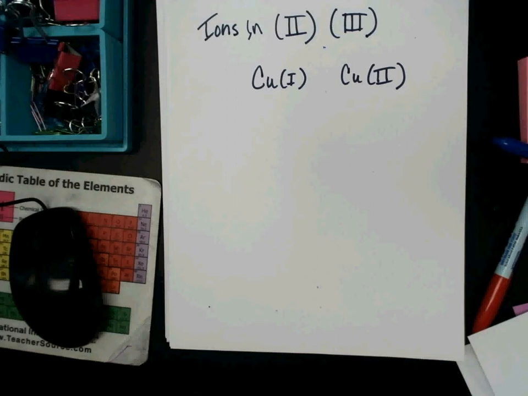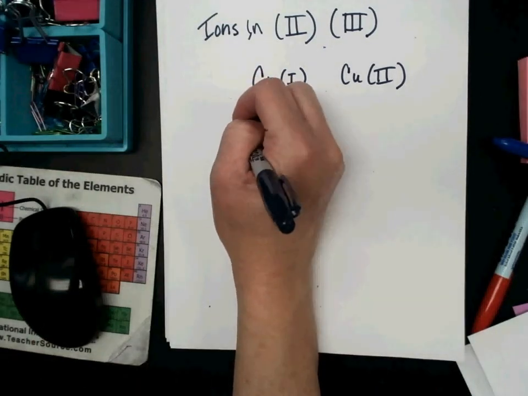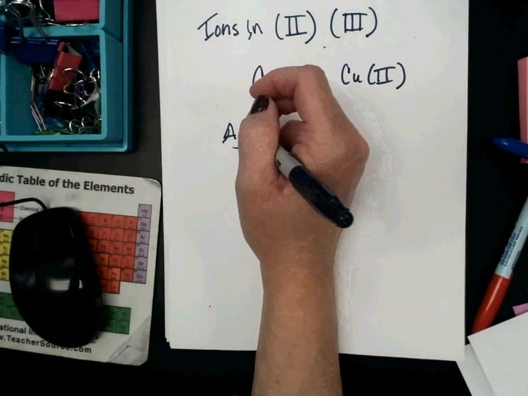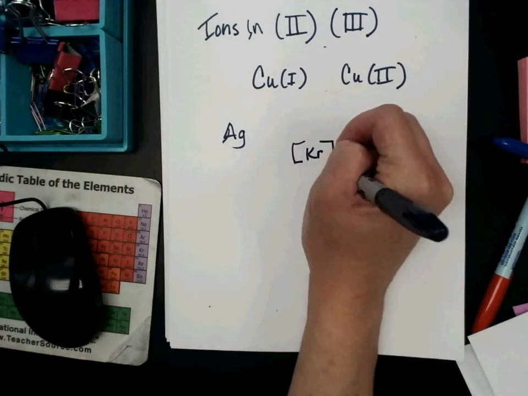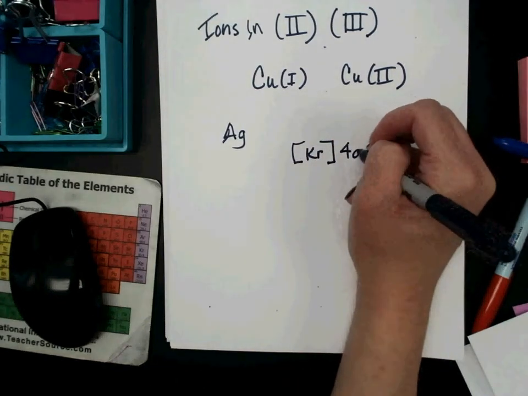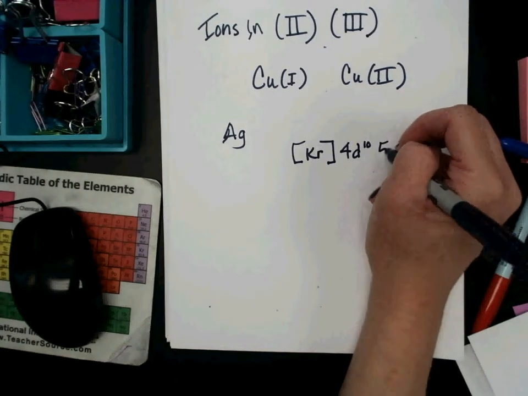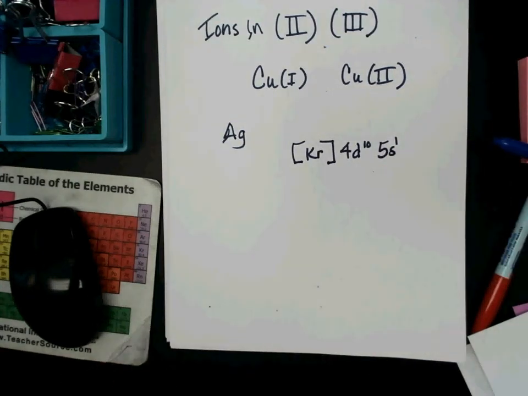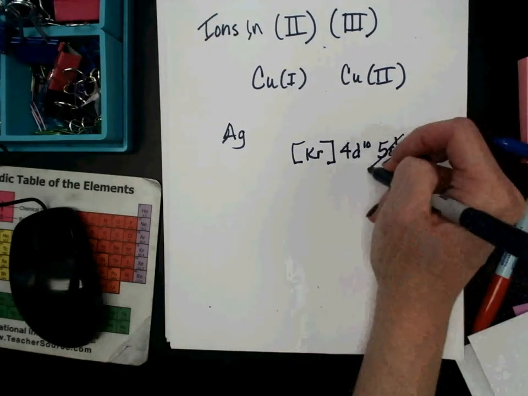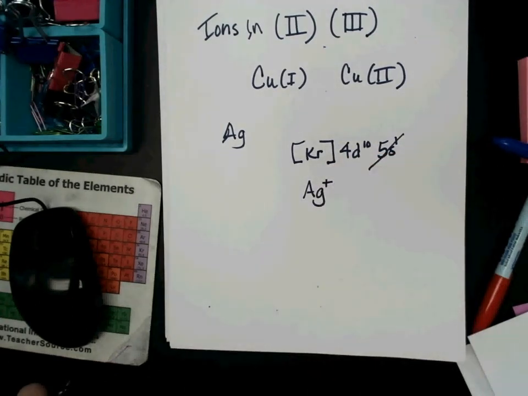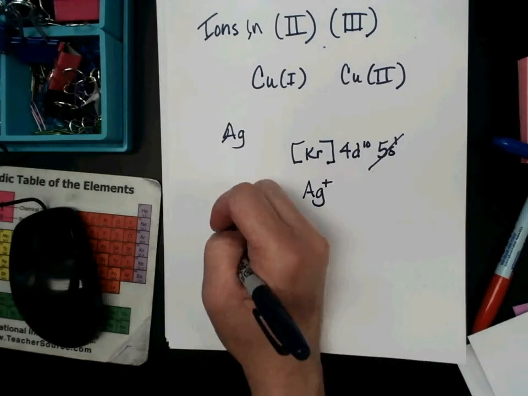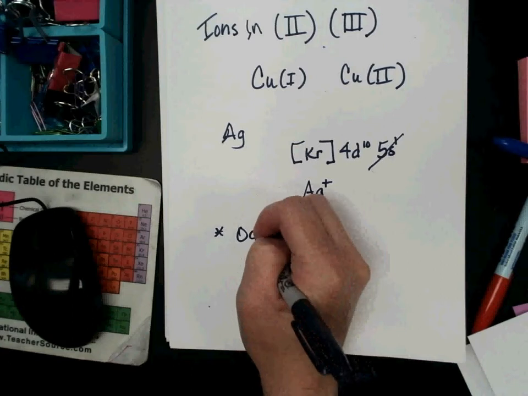If I look at silver, remember I showed you that triangle on the periodic table, for example. Silver actually has a noble gas configuration of Kr 4d10 5s1. So it's a little different. So of course that's why it's happy to give this up and form Ag+. That is totally why we see multiple forms of ions here.